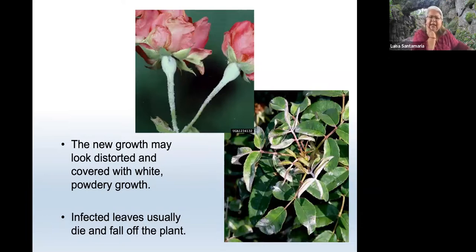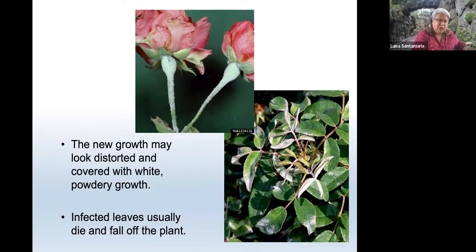In some cases, new growth could be distorted and covered with this white powdery growth. The leaves that are infected usually will die and fall. So you can see some defoliation too, and that is the risk there.